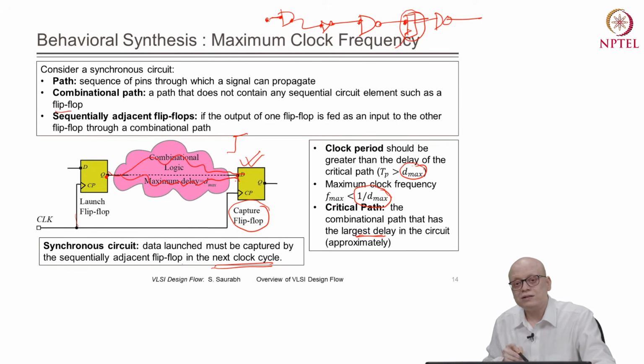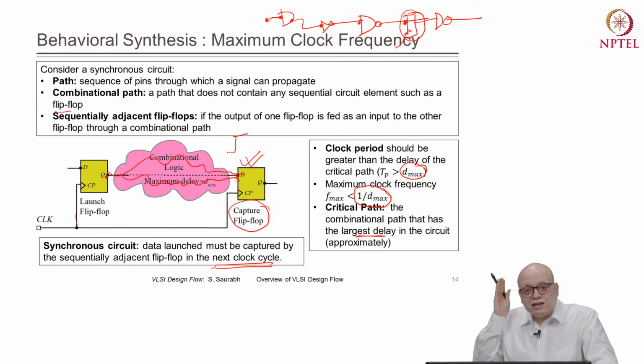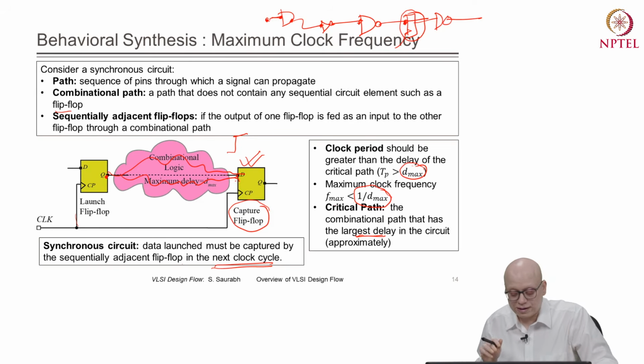The one that is having the largest delay will be determining the maximum clock frequency at which a synchronous circuit can operate, because if we increase the clock frequency more, then the clock edge will reach very early at the capture flip flop, and the data will not be captured synchronously at the capture flip flop.